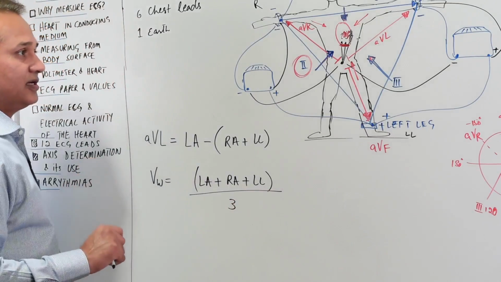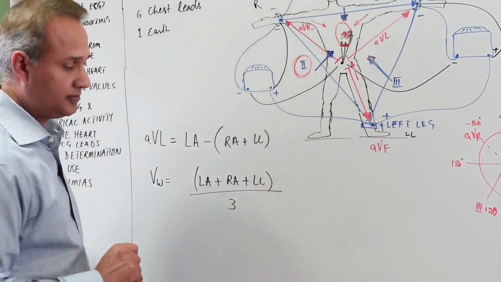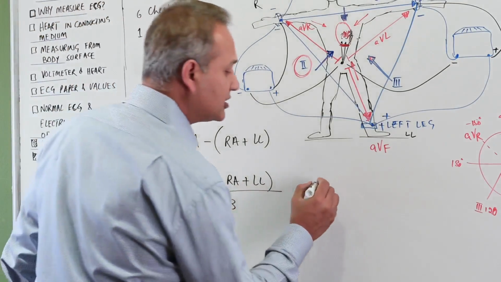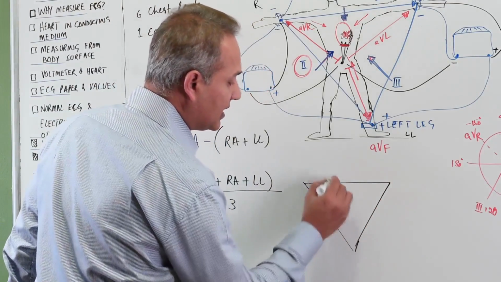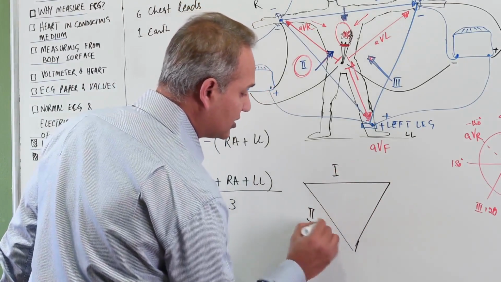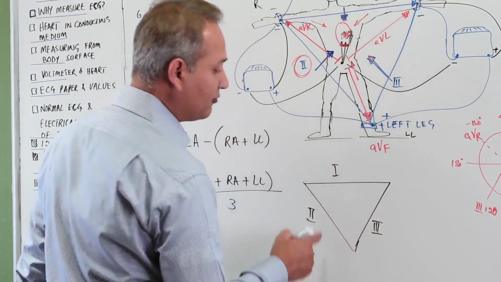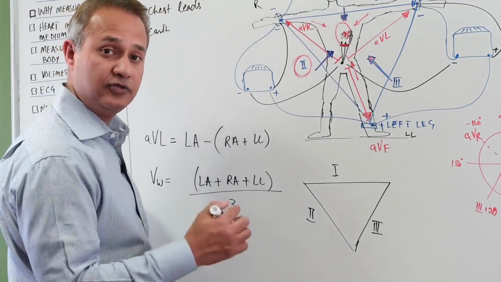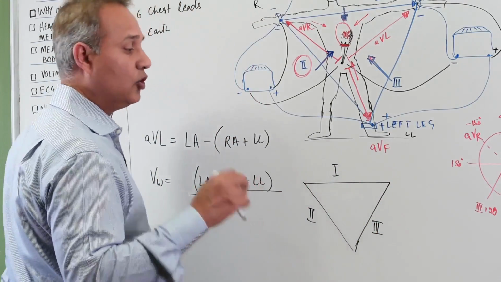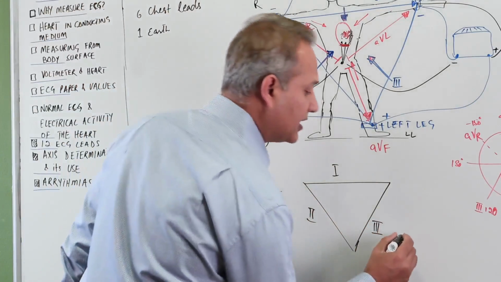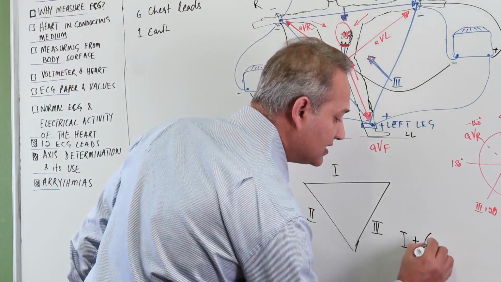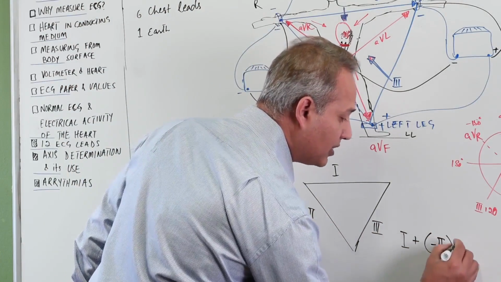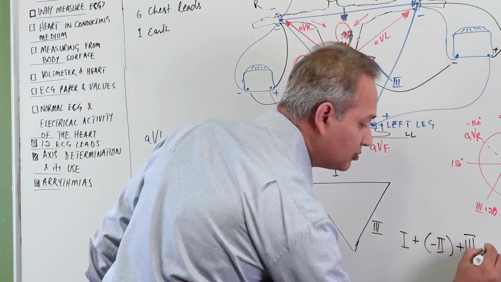One more thing here, in Einthoven's triangle, Einthoven said that for lead 1, 2 and 3, if you know the voltages of any two leads, you can get the voltage of the third lead. Or he said it this way, if you add lead 1 plus the negative of lead 2 plus lead 3, it should be 0.